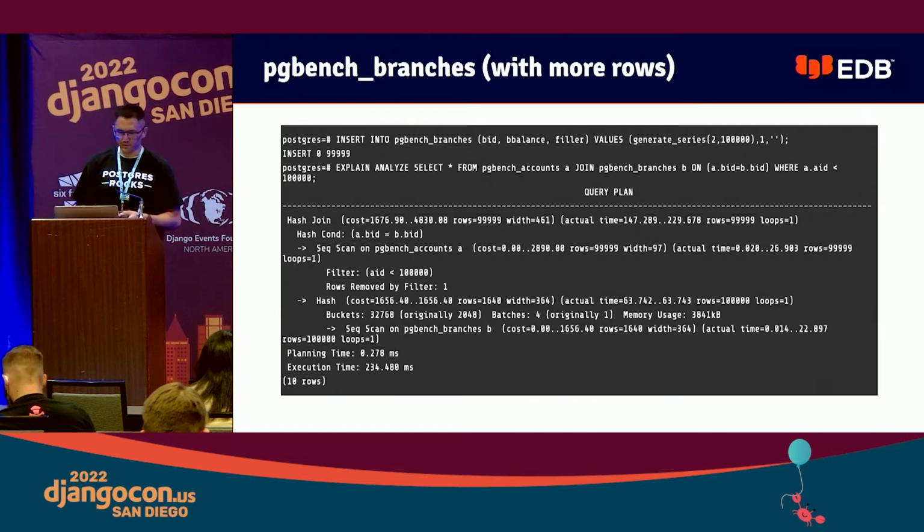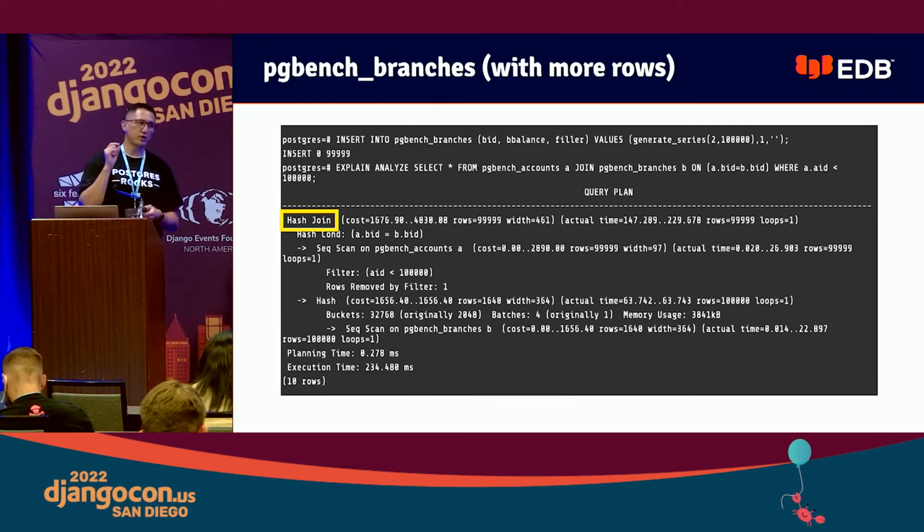So what do we get here? What we get here is a hash join. Okay, it wasn't the nested loop like before. And the reason for that is because we've actually created more data, and the query planner has decided a hash join might be more performant than doing a nested loop. And I'll get into that a little bit more in a moment.